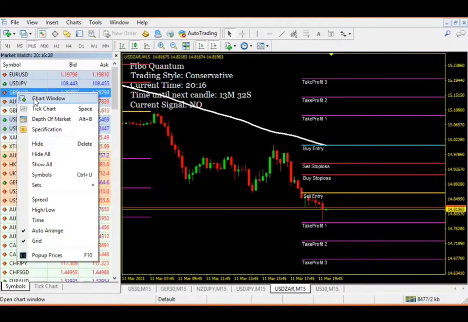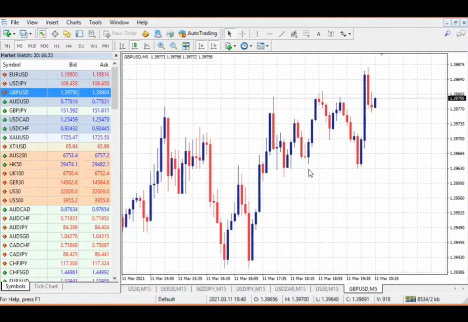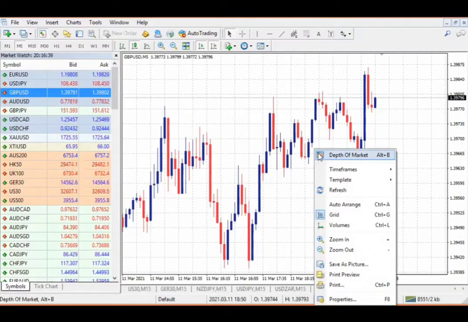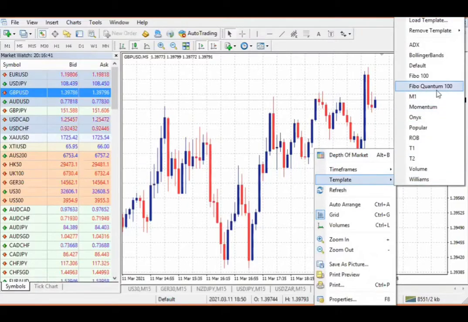Right click on that, say add chart window, and the default chart will appear. Then right click on the chart, go to template, and choose the template we saved. It's Fibo Quantum 100. If you haven't purchased the system, you won't have this, guys.